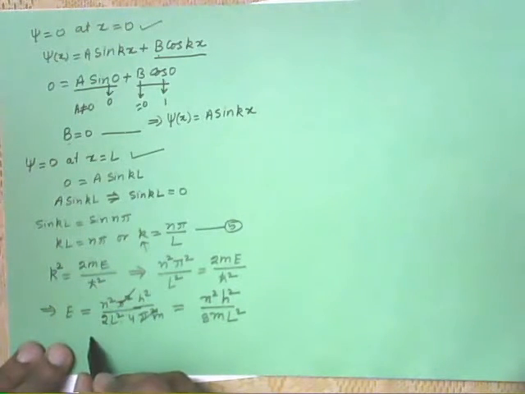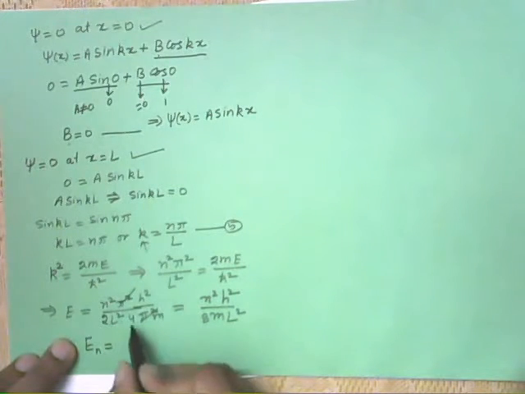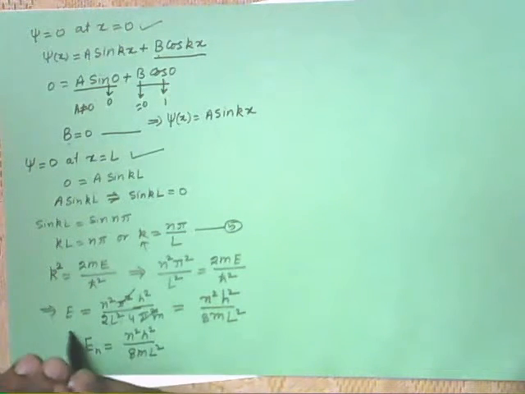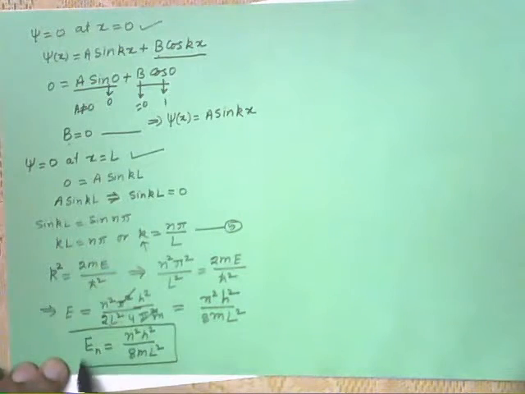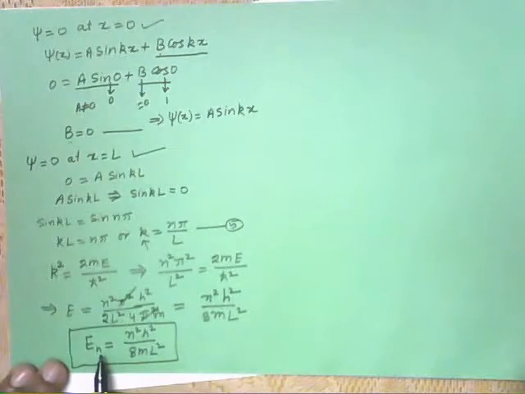So in general, En is equal to n square h square upon 8mL square. From this formula one can find out the energy of a single particle in an infinite potential well.